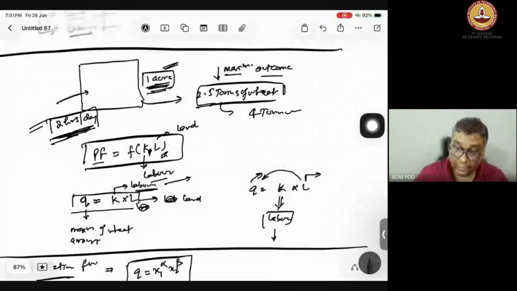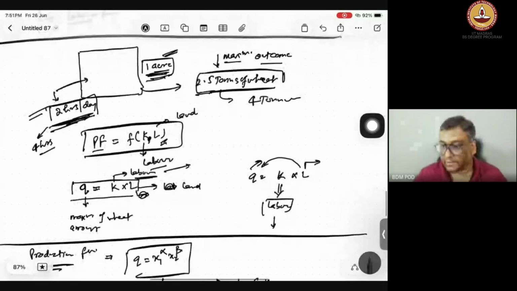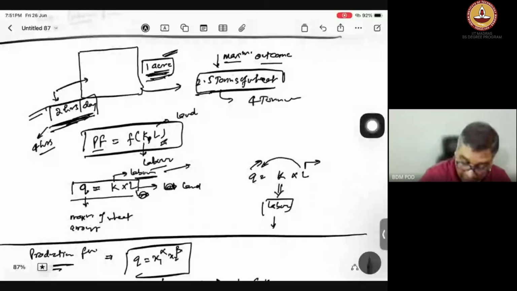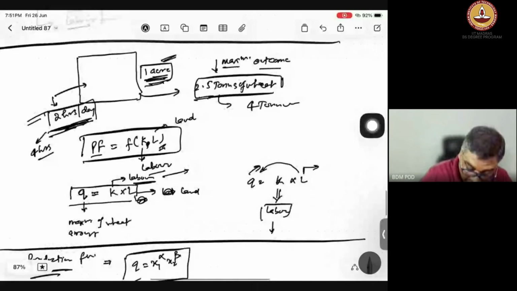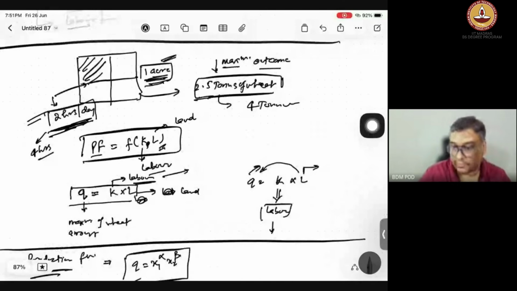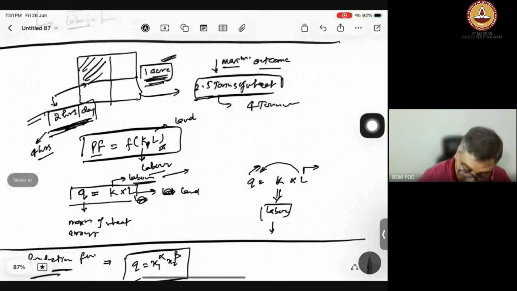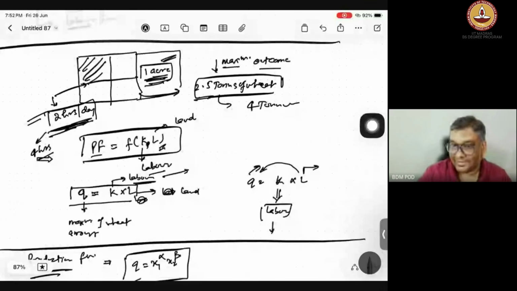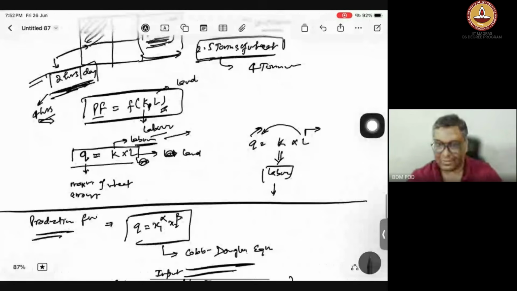If he increases the hours from 2 to 4, it might be that with 2 hours he is cultivating only a quarter of the land. If the hours are increased, he might be able to cover more of the land. So in that case, the production is changing. Got my point? I hope it is clear.